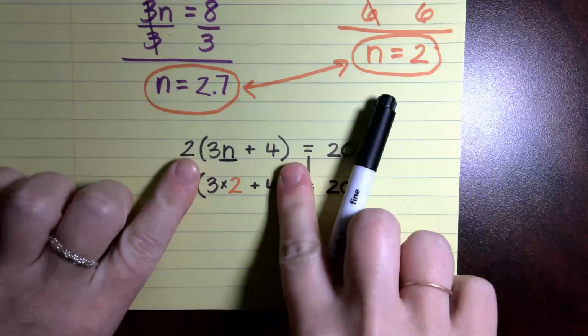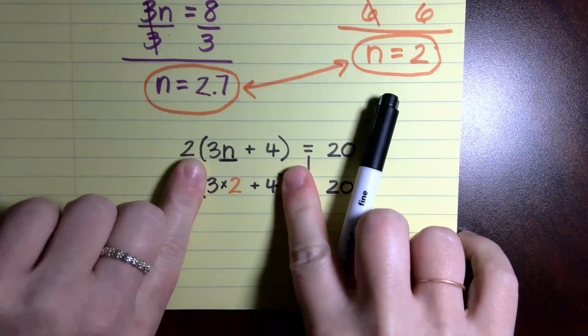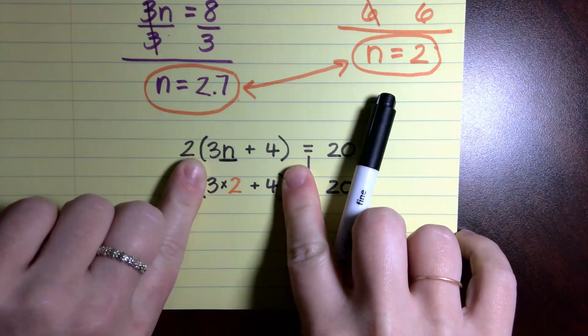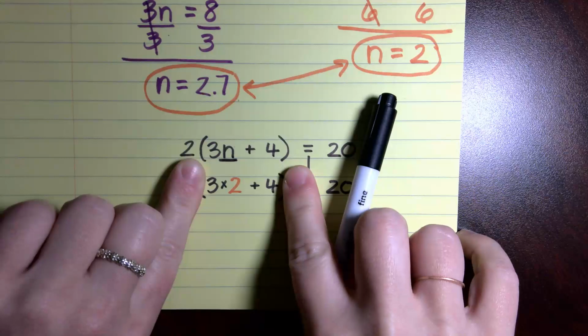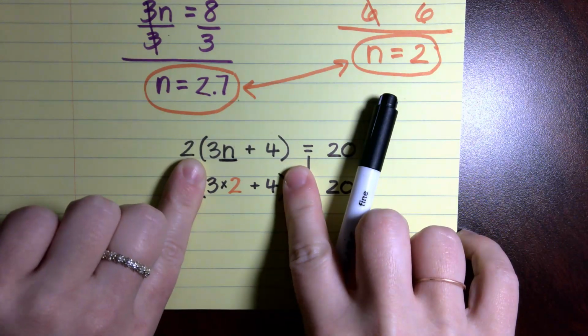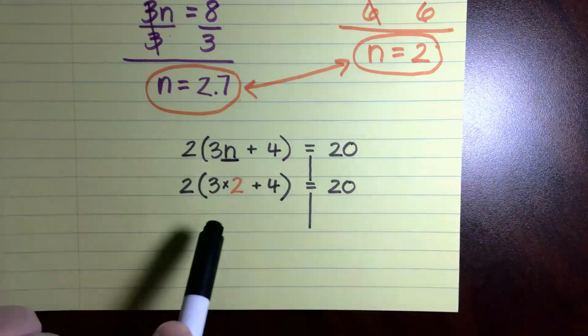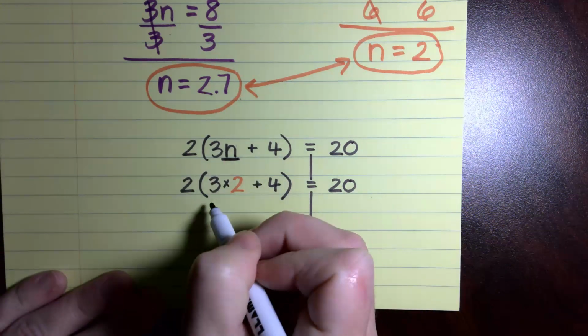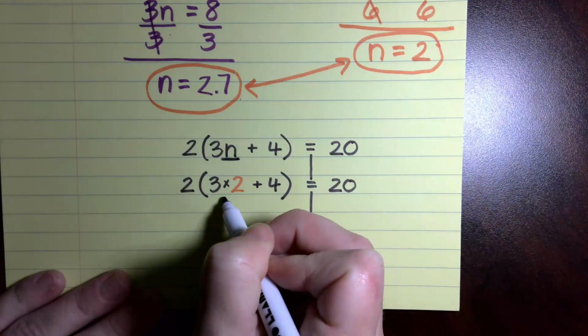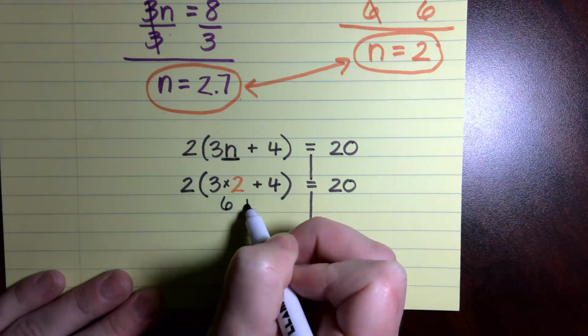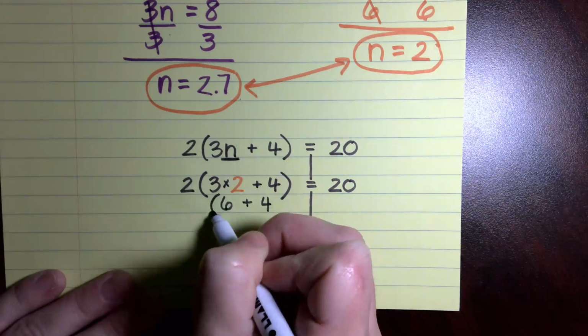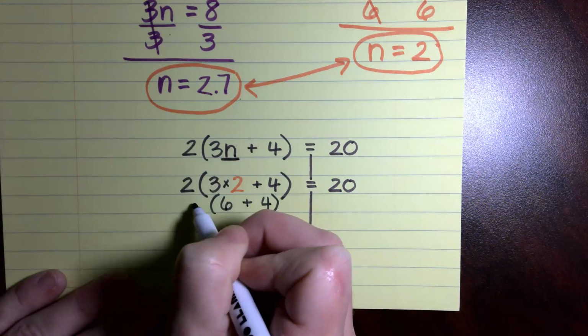So inside of my parentheses, do we have exponents? No. Do we have multiplication or division? We do. Okay, we've got 3 times 2, which is what? 6. And we're going to add 4 as well. Bring it all down.